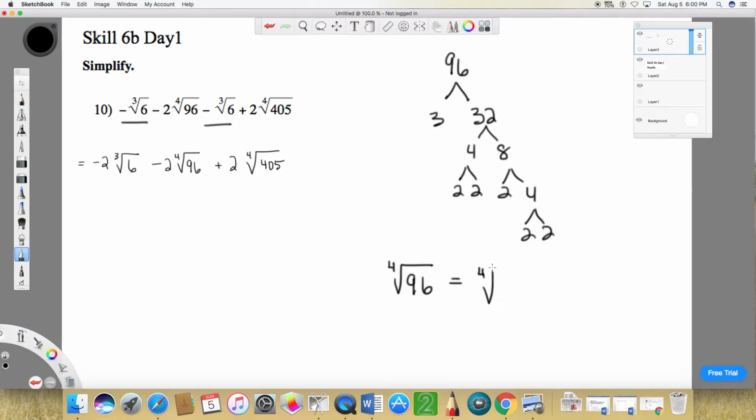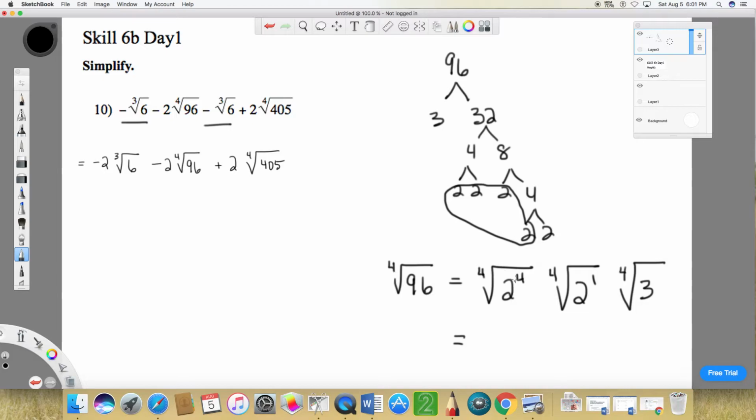Well, we have enough of these 2's. In fact, we had more than enough. We had a single 2 left over because we have 5 factors of 2 right here. Maybe I shouldn't have circled 5 of them. We're looking for groups of 4, and there we found one. And these other stragglers, this 2 and this 3, are not going to simplify.